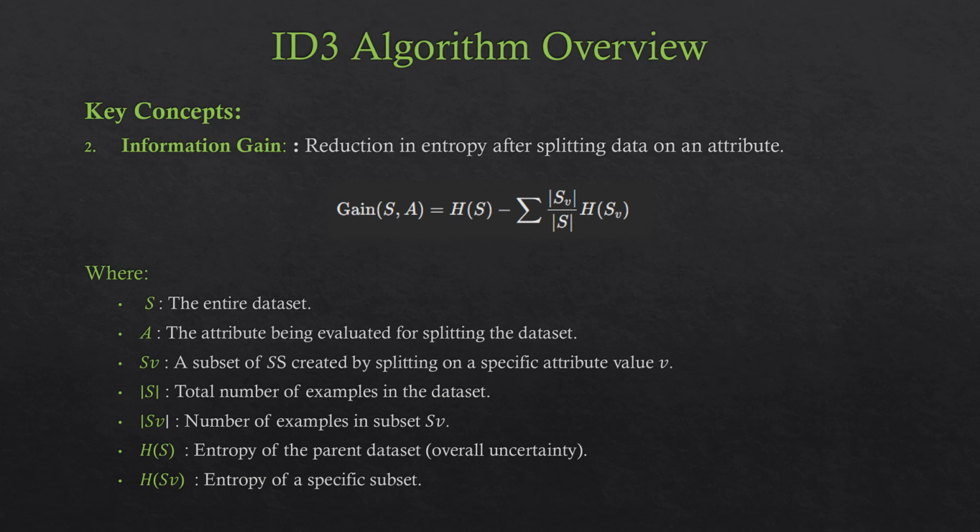Here S means the entire dataset, A the attribute being evaluated for splitting the dataset, Sv a subset of S created by splitting on a specific attribute value v, H(S) the entropy of the parent dataset, and H(Sv) the entropy of a specific subset.